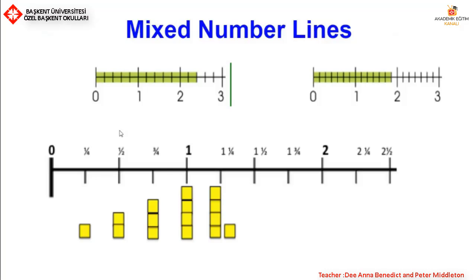This is to the right of a whole number. So you can see that there's 1, 2, 3, 4 yellow blocks for the whole number 1. But for the mixed number 1¼ there's an extra block next to the 4 blocks. So there's 1, 2, 3, 4, 5 blocks for this mixed number.